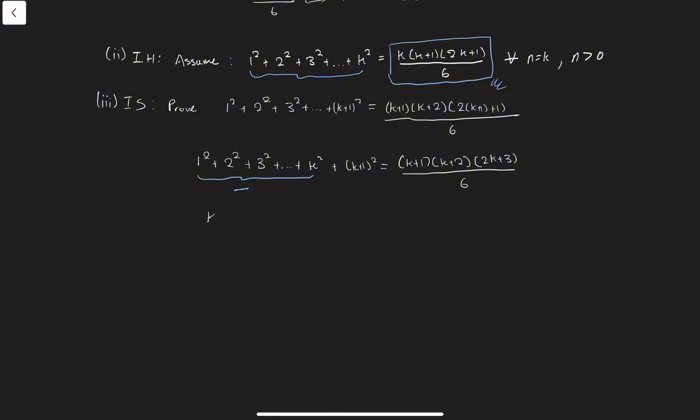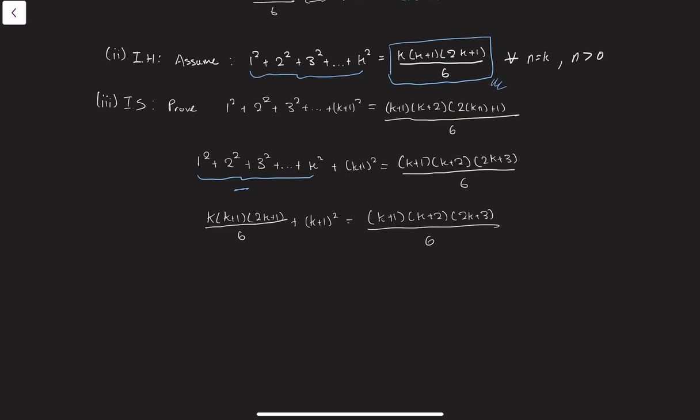So I'll plug in k(k+1)(2k+1) all divided by 6, plus (k+1) squared is equal to our right-hand side, (k+1)(k+2)(2k+3) all over 6.